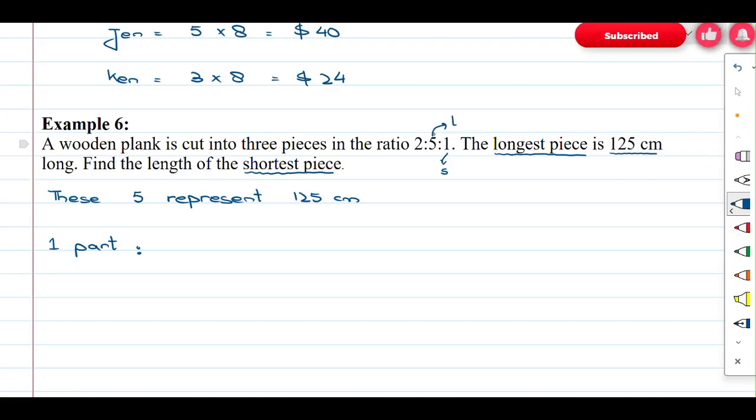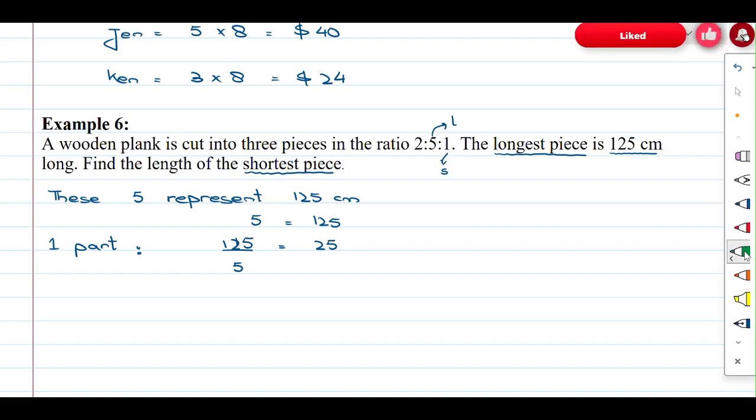So these 5 parts represent 125. Then 125 divided by 5 is one part. 5 times 25 is 125. So each part represents 25.